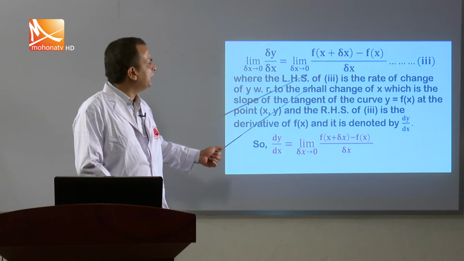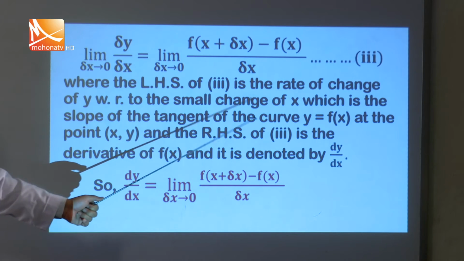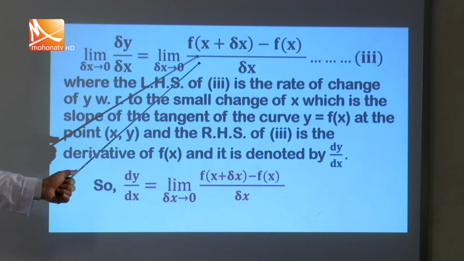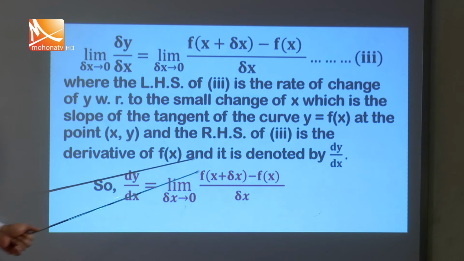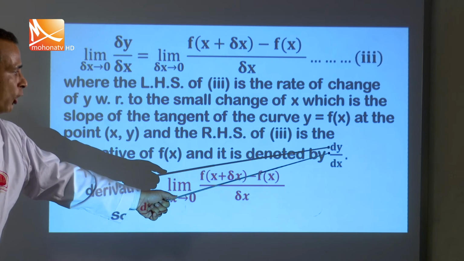The left-hand side of 3 is the rate of change of y with respect to the small change of x, which is the slope of the tangent of the curve y = f(x) at the point (x, y). And the right-hand side of 3 is the derivative of f(x), and it is denoted by d/dx of y.